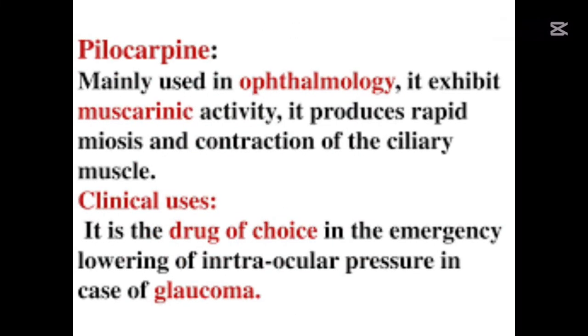Next is pilocarpine. We have talked about muscarine and we have talked about arecoline, so we are moving into pilocarpine. Pilocarpine is also a natural alkaloid like muscarine and arecoline. But this one is a selective muscarinic agonist, which means it binds to the M3 receptor.